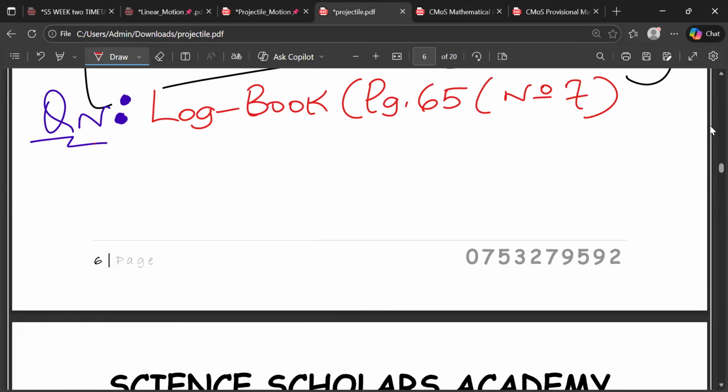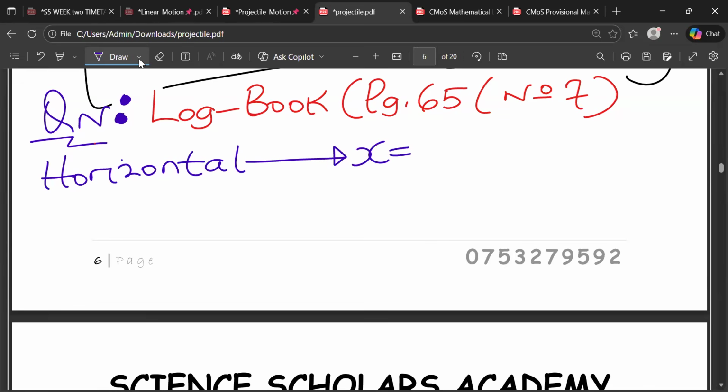And does it have something like horizontal and vertical? Are they both there? Yes. You read for me horizontal. On horizontal, what is there? x equals u cos alpha t. It's u cos, in brackets, alpha, t. U cos alpha t. Yeah.